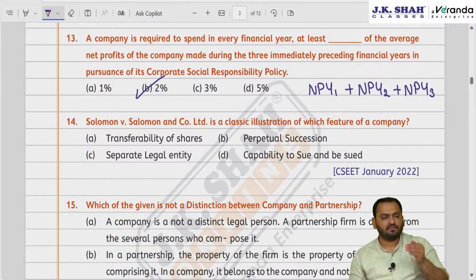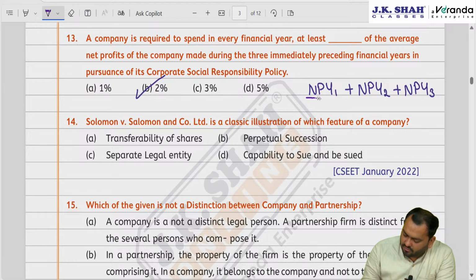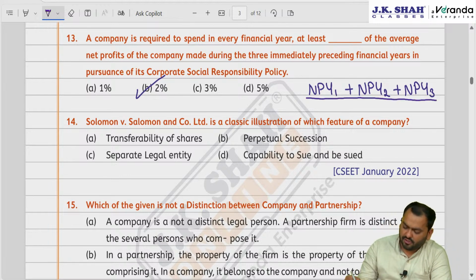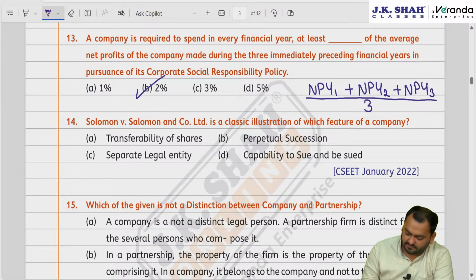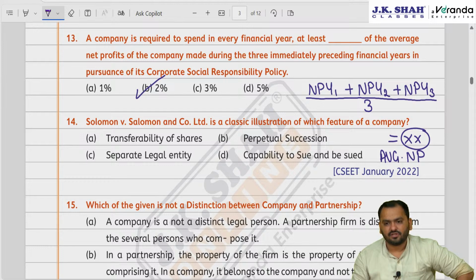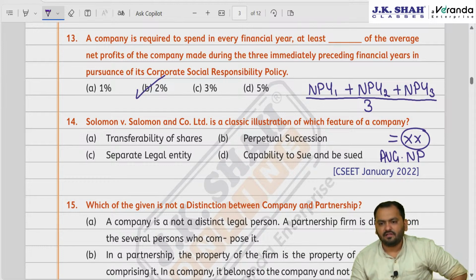When you take out the 3 years' net profit, you need to take the average. So add all the 3 amounts and divide by 3. The answer you get is the average net profit made by the company in the preceding 3 financial years.